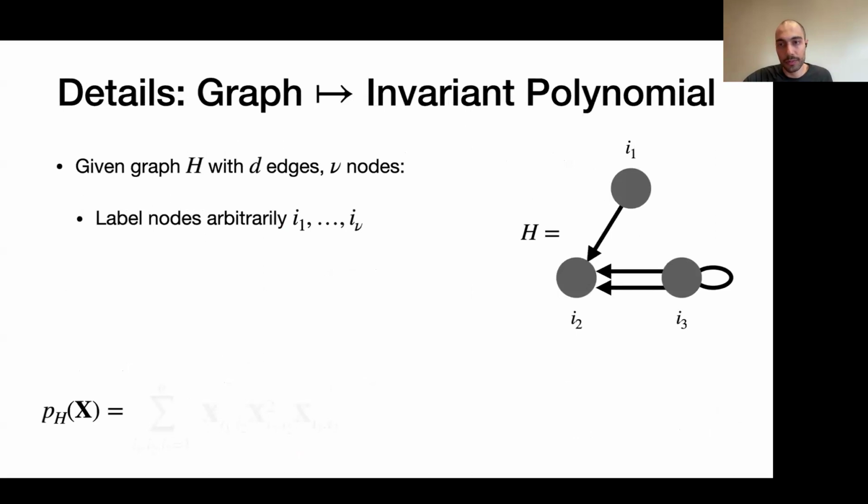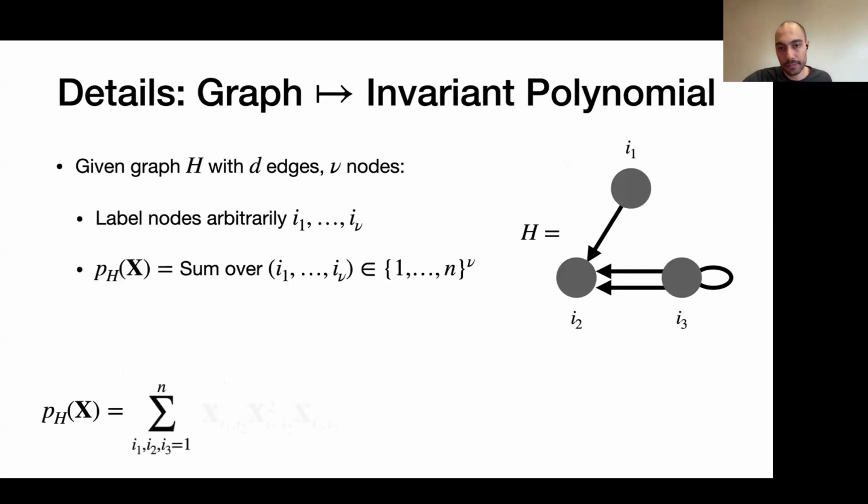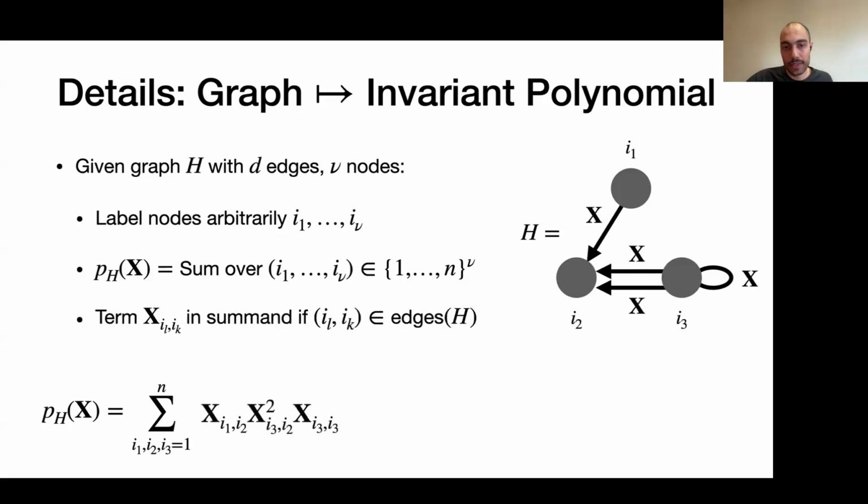So let's do this. How do we go from a graph to a function? We follow three steps. First, we label our nodes arbitrarily. So we have I1, I2, I3 here. Then we sum over the nodes. So you'll note that there's a sum over I1, I2, I3 equals 1 to n. And then we take in our summand all possible terms that correspond to the edges. There's one edge going from I1 to I2, so we have x I1, I2.